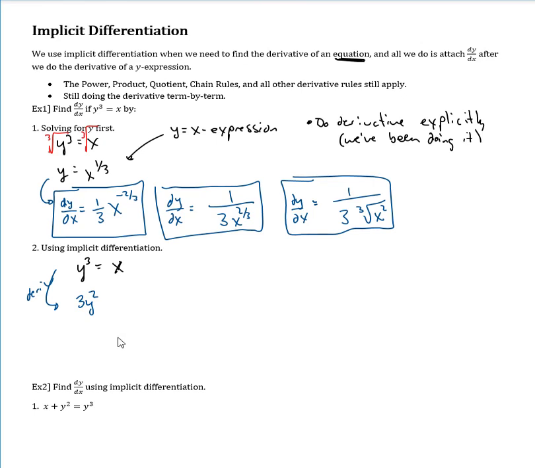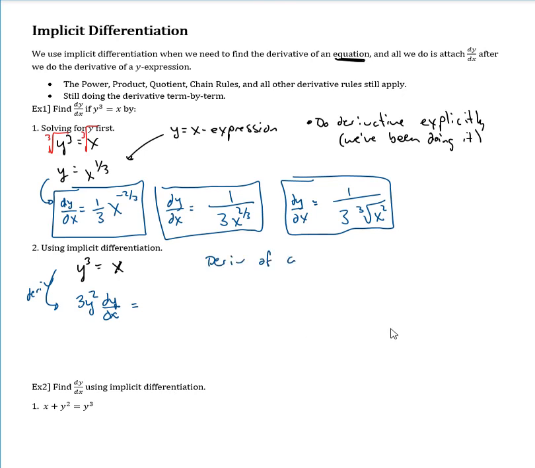However, the only thing we have to do to make sure we are doing it correctly is that the second we do a derivative of a y term, we attach dy dx. So as soon as we do the derivative of a y part, attach dy dx. That's the main difference.